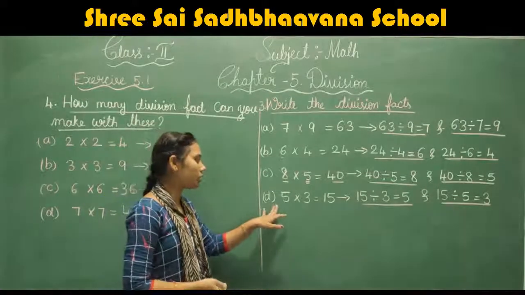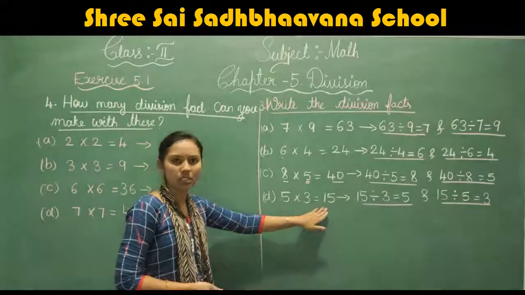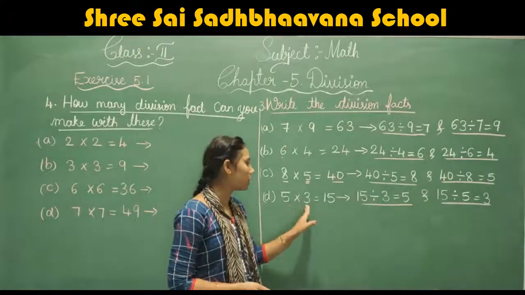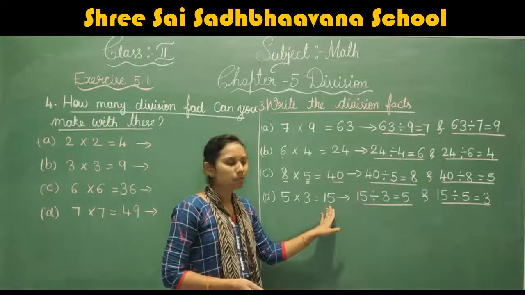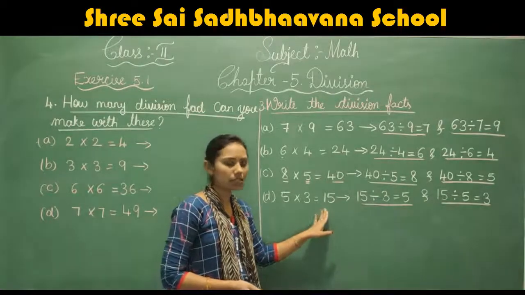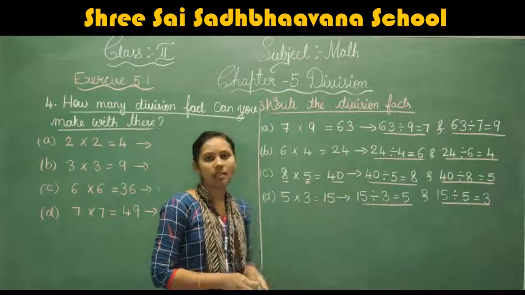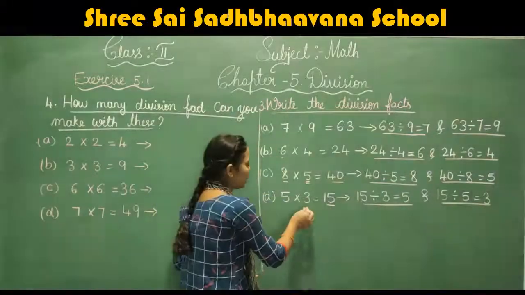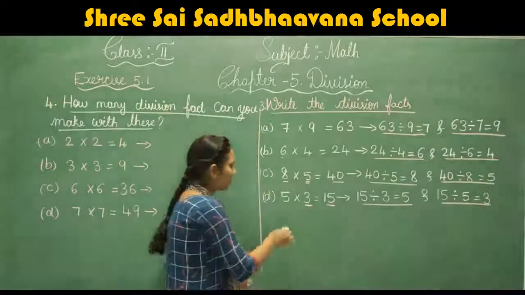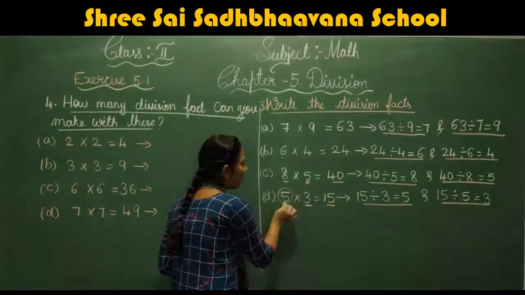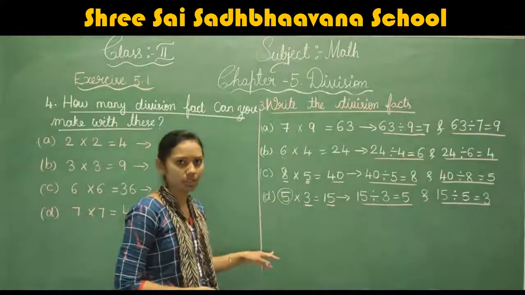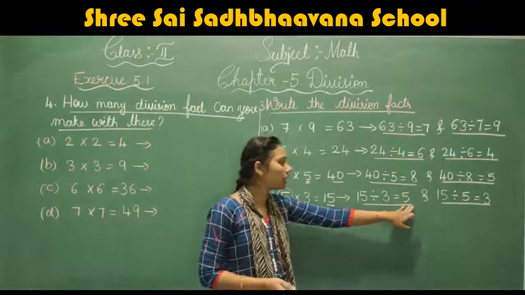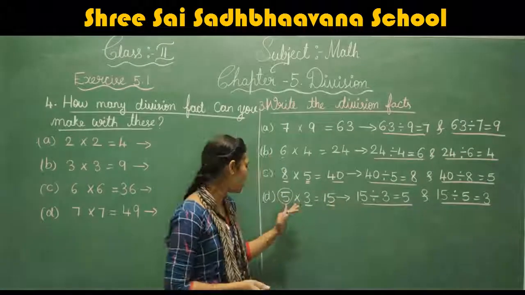Next question, D question, 5 3s are 15. When you multiply this 5 into 3, you will get the answer 15, right children? When you divide this 15 by 3, you will get 5 as your quotient.